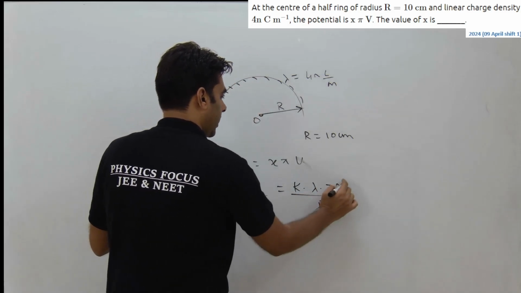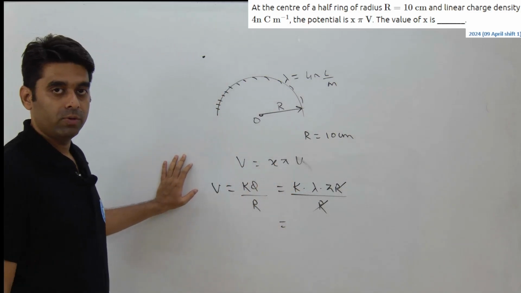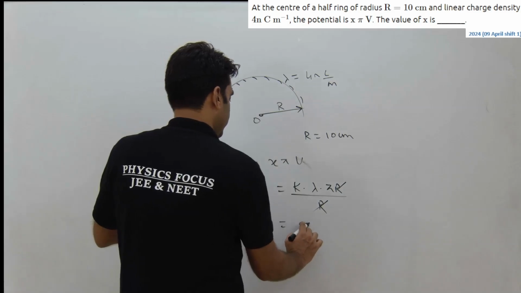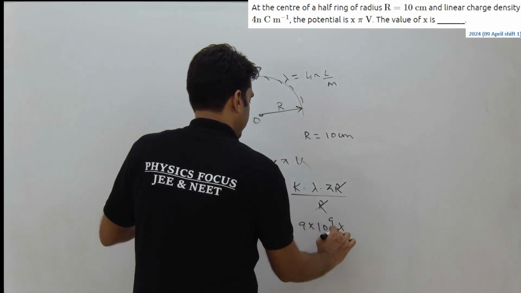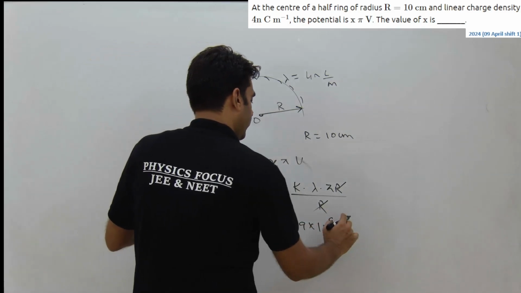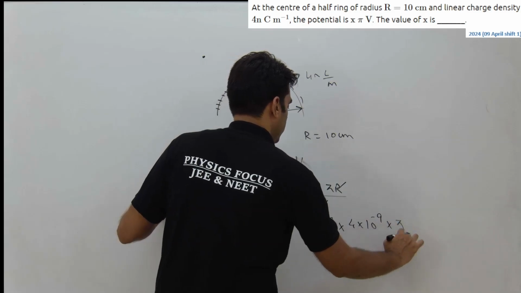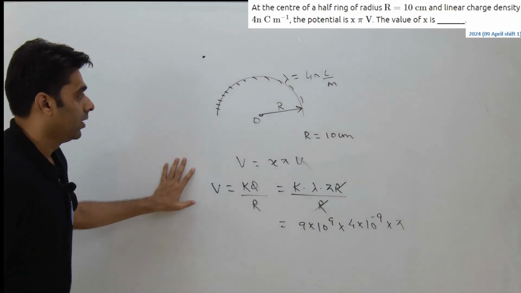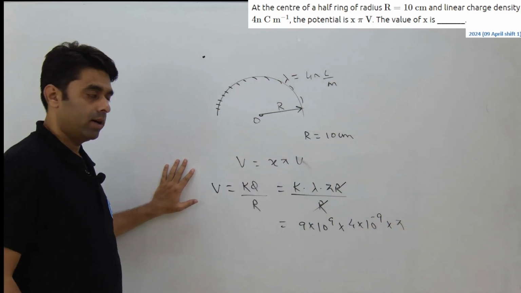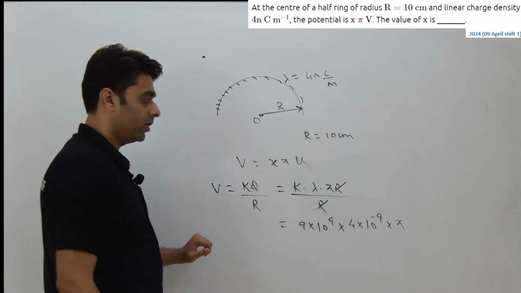What are we having? r and r cancel out. K value, how much is our k value? K is 9 into 10 power 9. Lambda is given to us 4 nano coulomb per meter. So this one I can write as 4 into 10 power minus 9 into pi, right? This is what we have got as our potential.